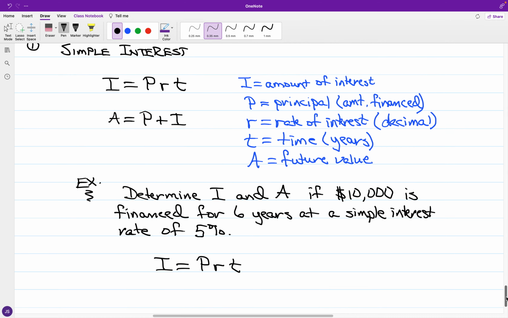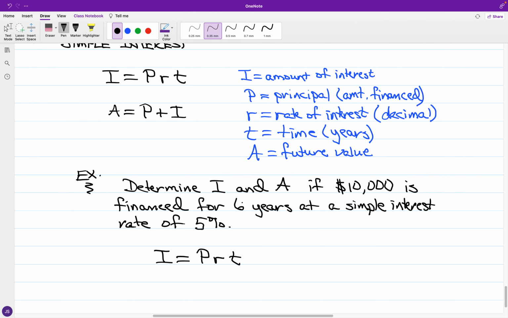So you've got I is equal to PRT. You have $10,000 financed, so the P value is going to be $10,000. And R, the rate of interest, you have 5%, but you're going to convert this to a non-percent decimal. To convert to a number without the percent, you take that number and divide by 100. So R in this case is going to be 0.05.